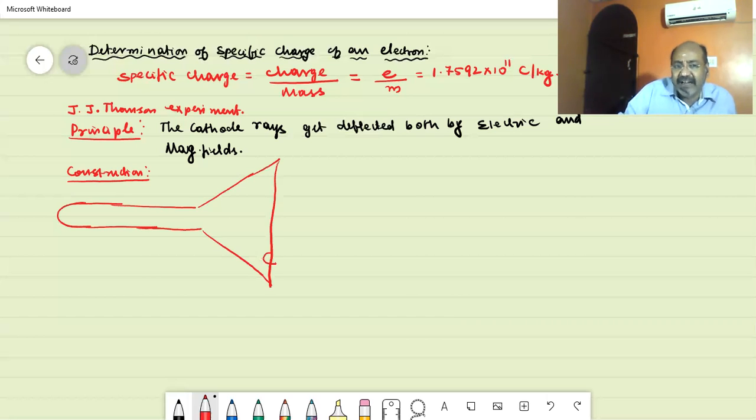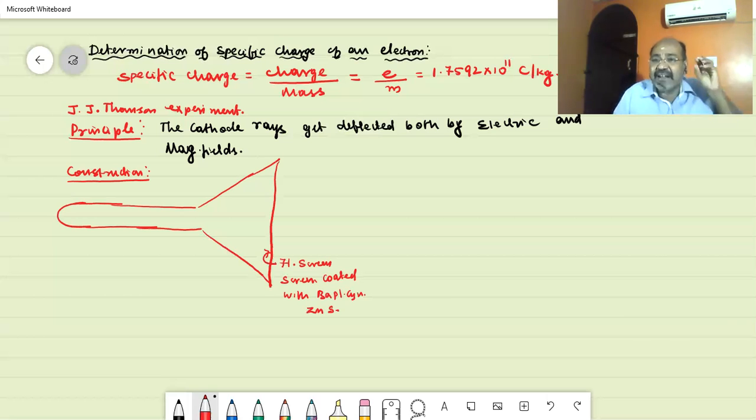So this end has a screen called the fluorescent screen, usually an ordinary screen coated with fluorescent materials like zinc barium platinocyanide or zinc sulfide.